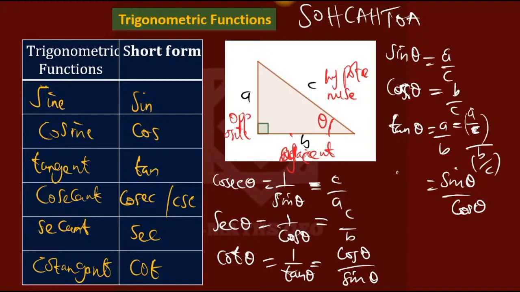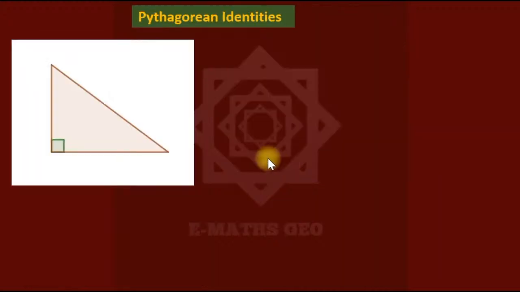So let's look at what we call Pythagorean identity. Let's start with labeling the sides, assuming the angle here is theta. Let these be A, B, and C. Everybody here knows there's one theorem we are conversant with.